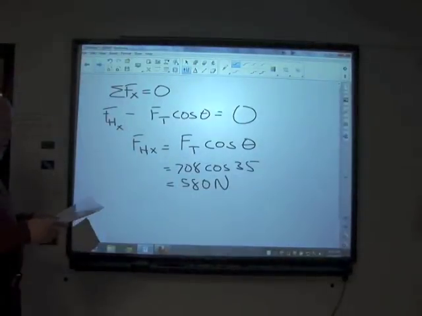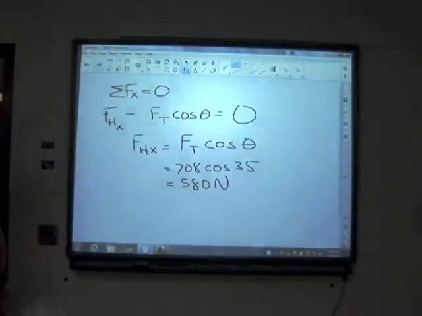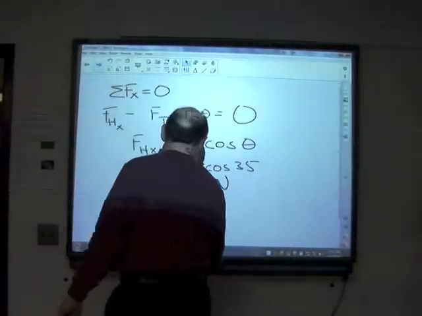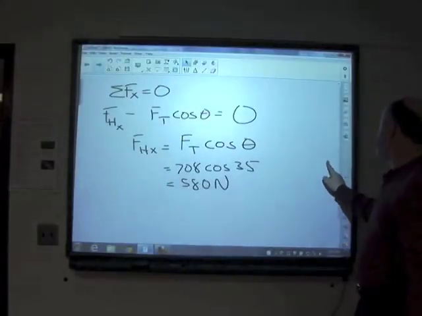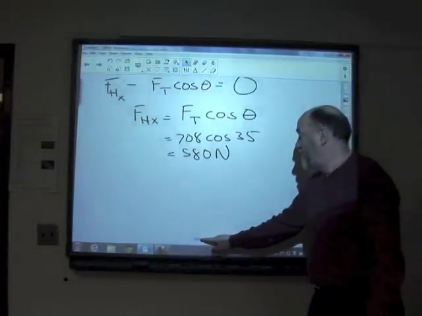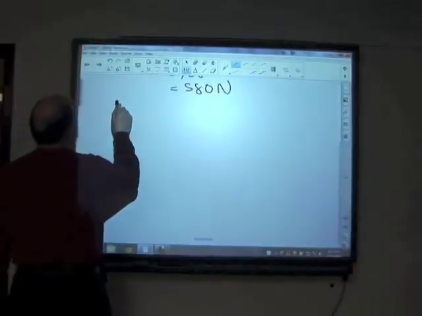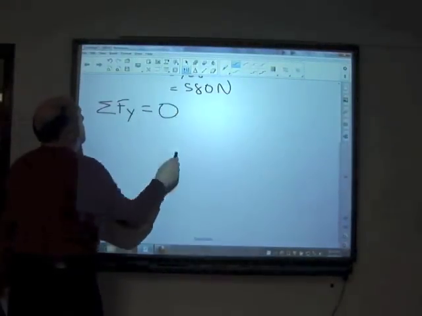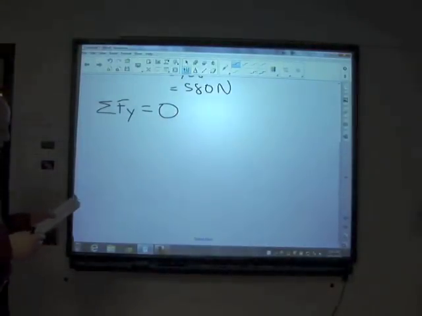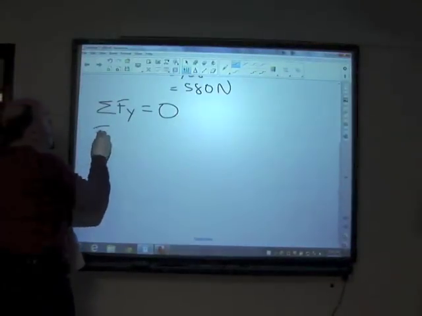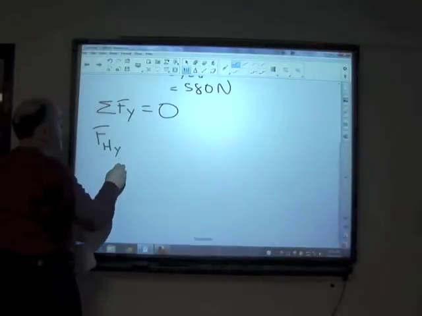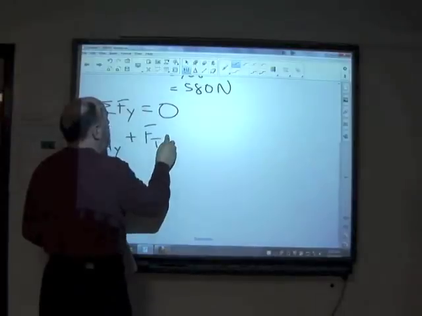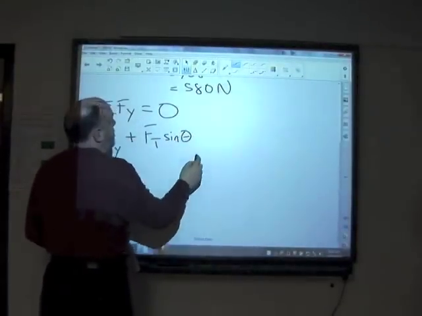Now we can also look in terms of the y component due to my hinge. Again, the sum of the forces in the y direction has to equal 0. So we have the force of the hinge in the y direction. We have the upward component due to the tension in the wire.